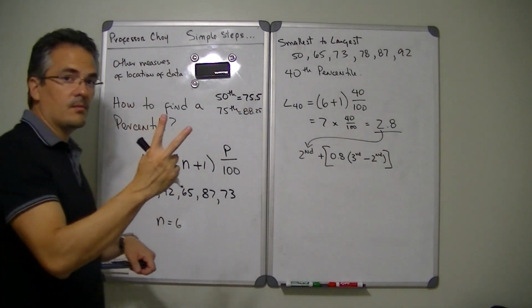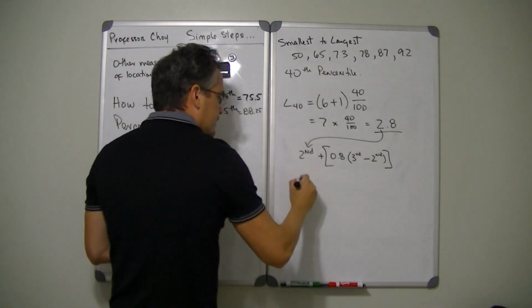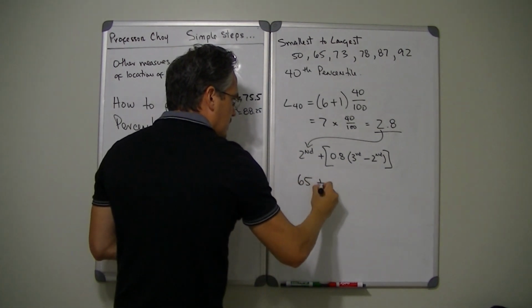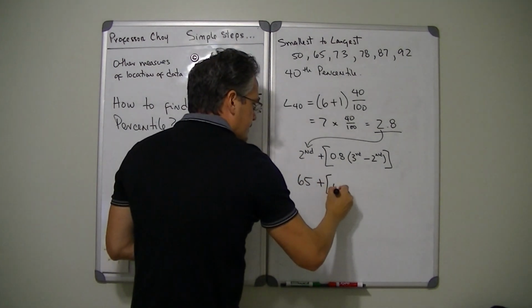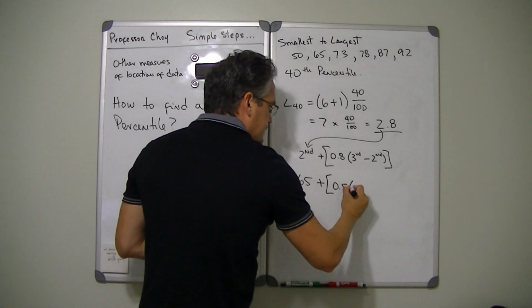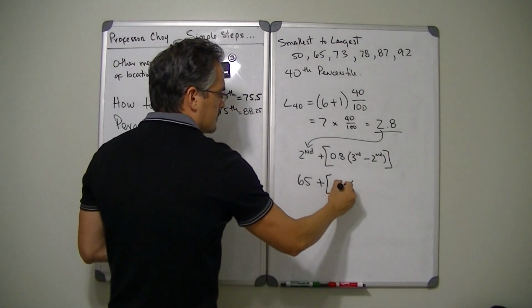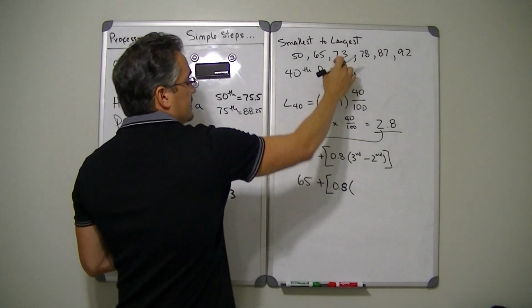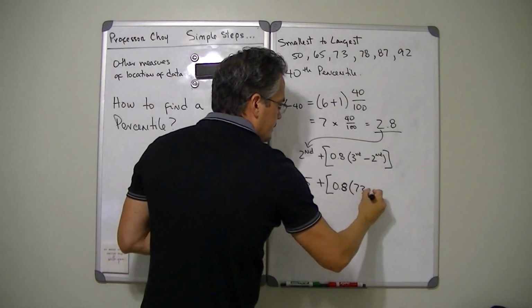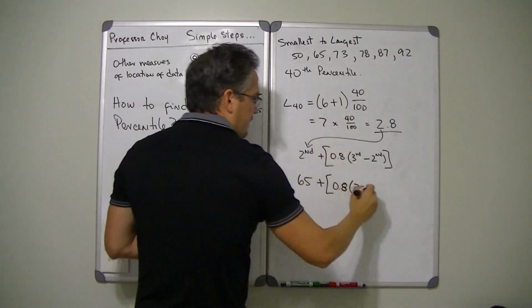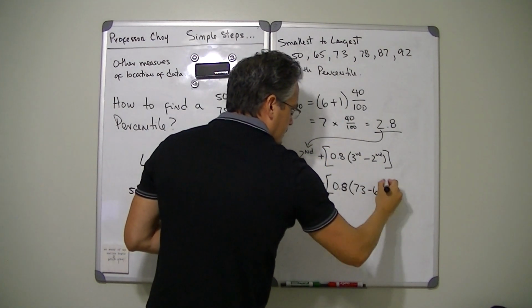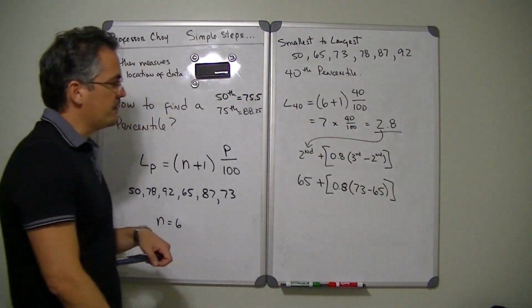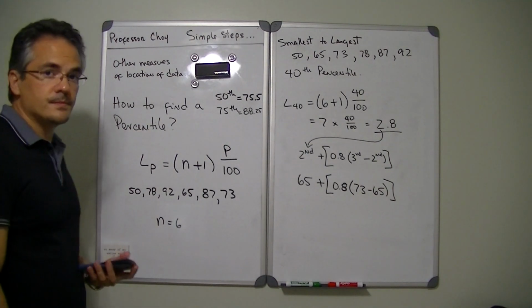Now the second number on the list is 65. Then we're going to add 0.8. The third number is 73. The second number is 65. And that's how we find the 40th percentile.